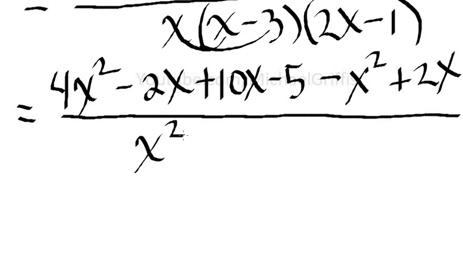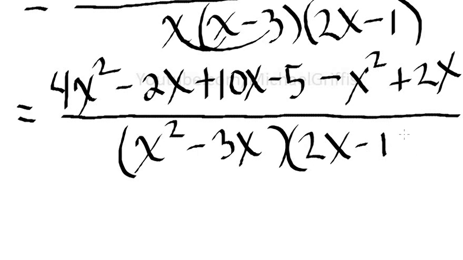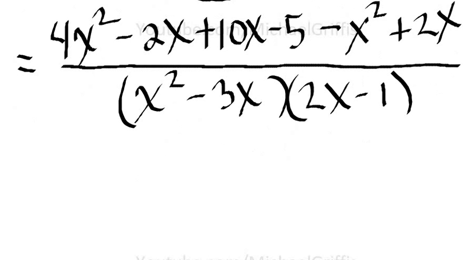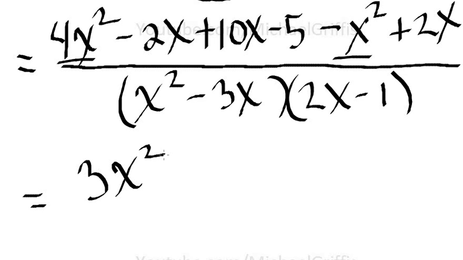So this becomes x squared minus 3x times, we'll work this out here in just a second, times 2x minus 1. Let's collect up our like terms up here in the numerator. So we have a 4x squared minus x squared. So that's going to give us a 3x squared. We have minus 2x plus 2x. So that's going to disappear.